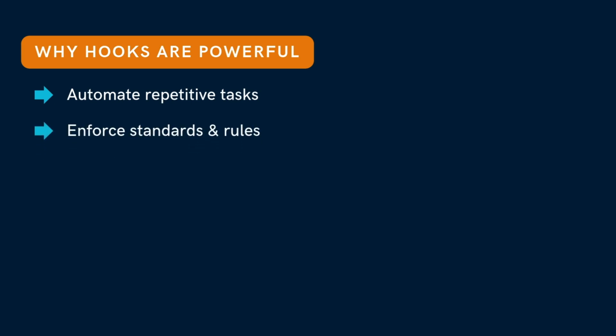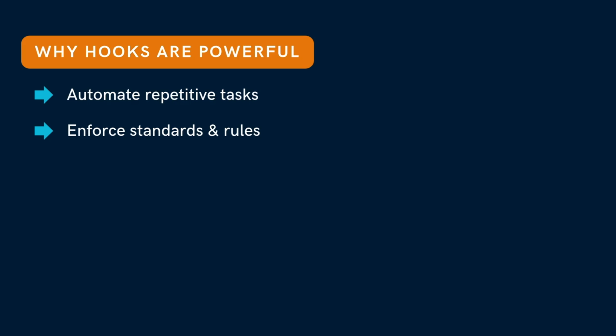So, why are hooks such an important part of your workflow? First, they automate repetitive tasks that would otherwise take up your time. Things like formatting code, cleaning up files, or running checks happen automatically in the background. They also enforce standards and rules across your projects. That means you can be confident every change follows the same guidelines without relying on people to remember them.